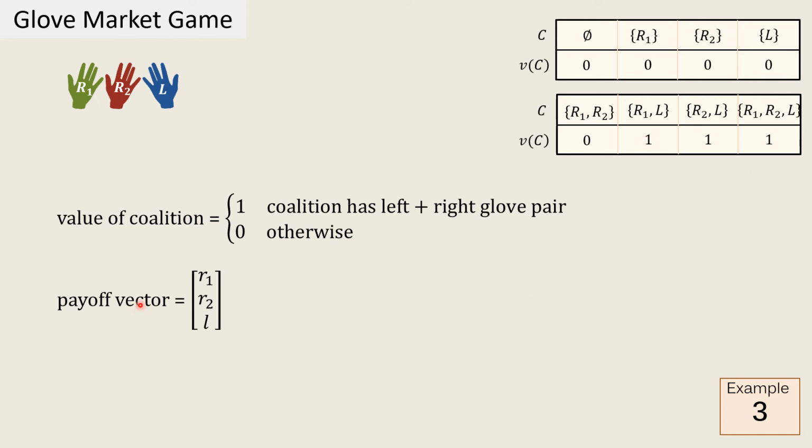Now, we want to determine a payoff vector R1, R2, L. What is the cost of each glove R1, R2, and L, and they will be represented as lowercase r1, lowercase r2, and lowercase l.